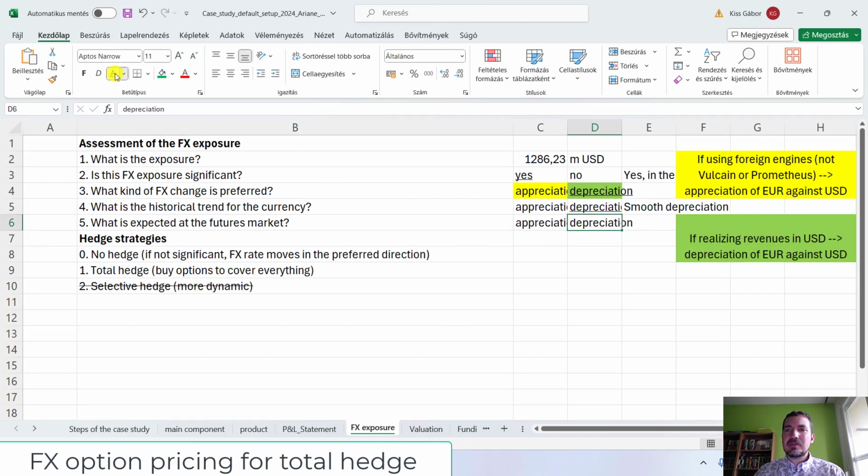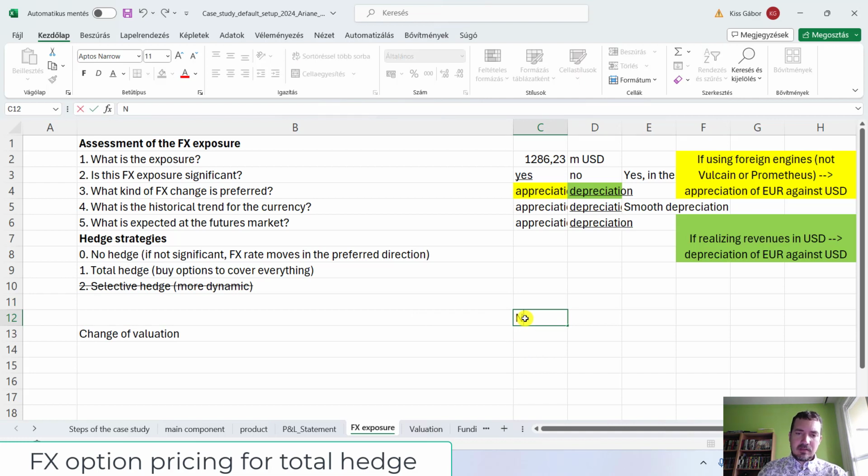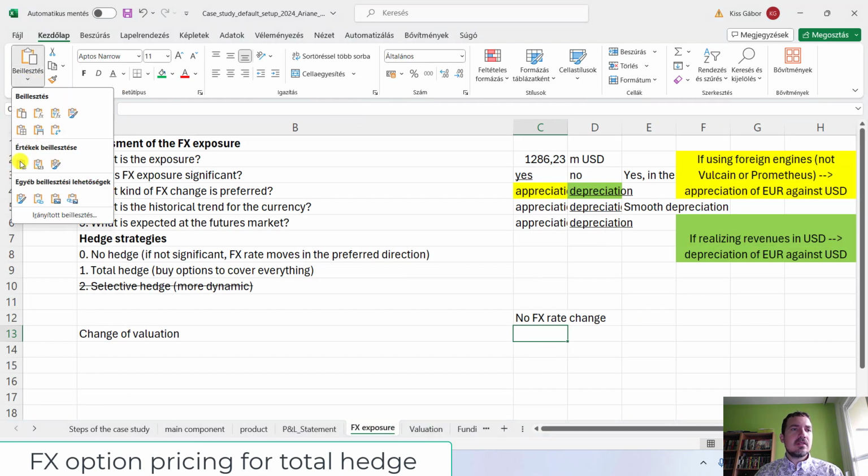Yeah, depreciation will happen, so okay, we can say that this is supported, but if we are completely neutral, then this is the share price.